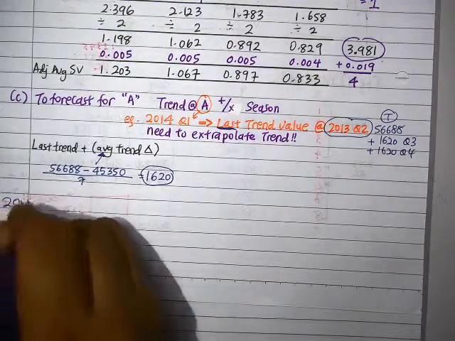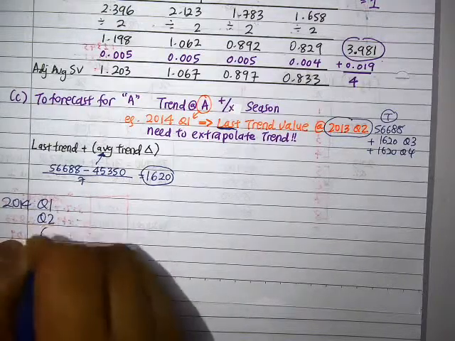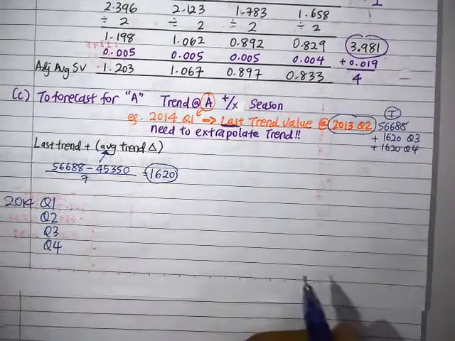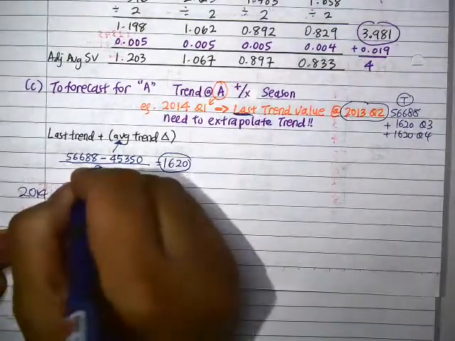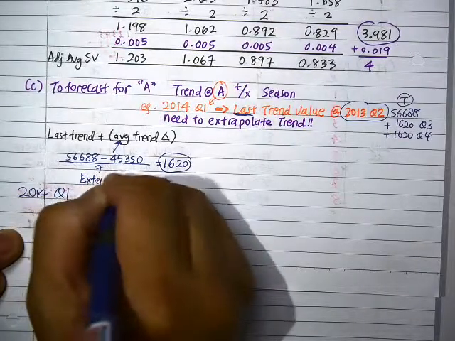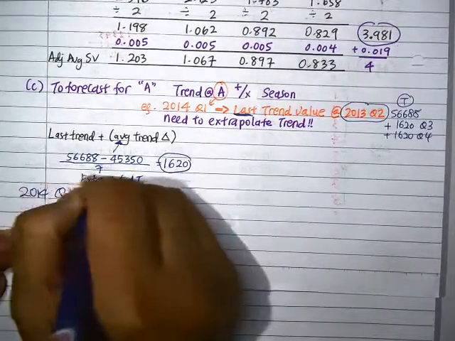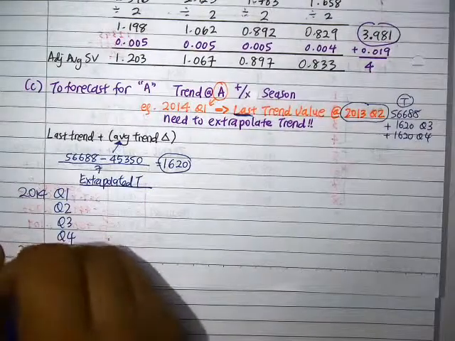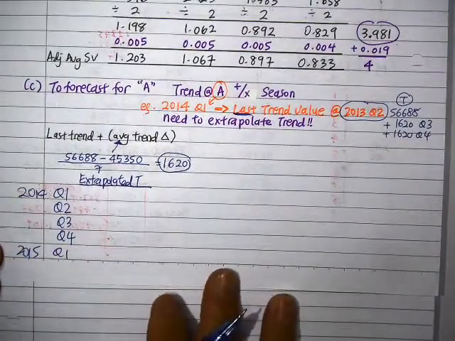So now for 2014, quarter 1, quarter 2, quarter 3, quarter 4, my extrapolated trend as well as 2015 quarter 1 will be what?